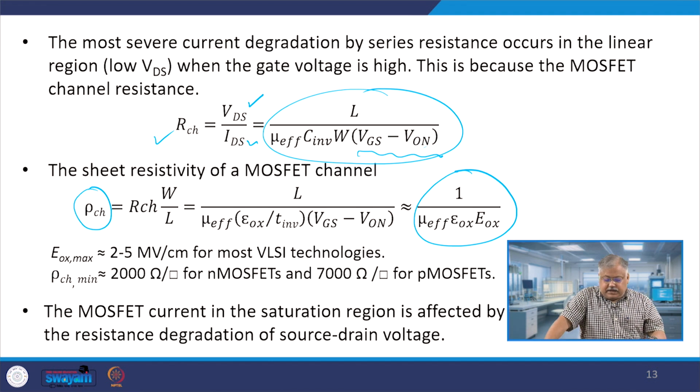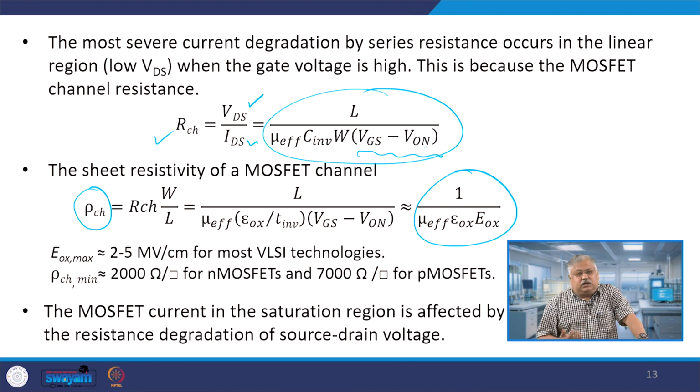Now, quite interestingly, you see that the sheet resistivity of the MOSFET channel rho CH depends upon the value of mu effective, which is the effective field mobility. If the mobility is much higher, rho CH will go down, and that is also one way of looking at it.